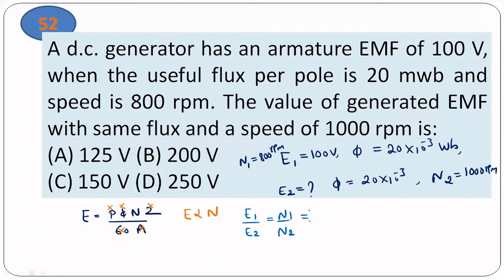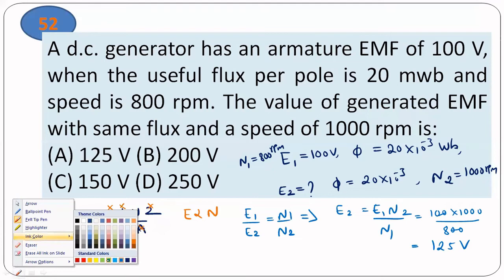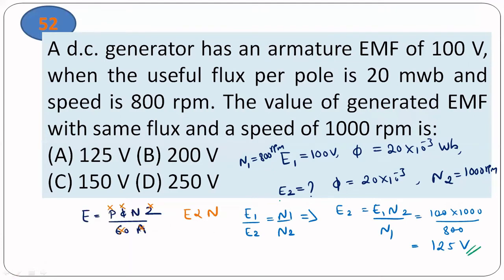If we solve this, we get E2 is equal to E1 N2 divided by N1. So this will be 100 into 1000 divided by N1, which is 800. It is basically 1000 by 8, which will be 125 volts. So 125 volts, we have here option A.